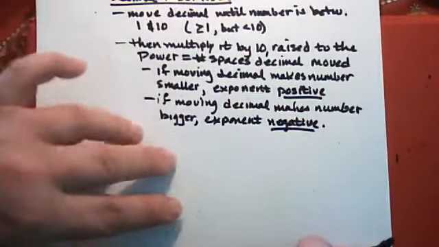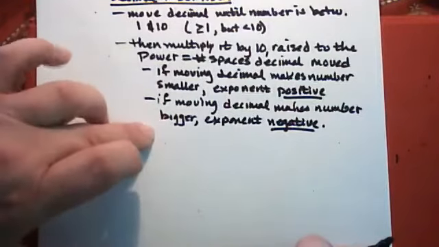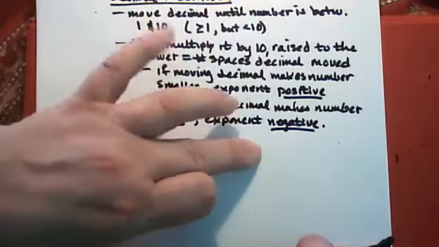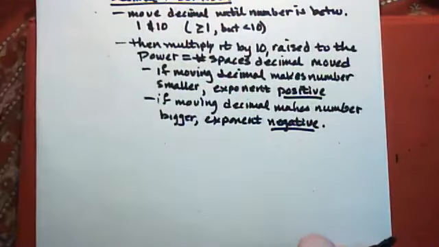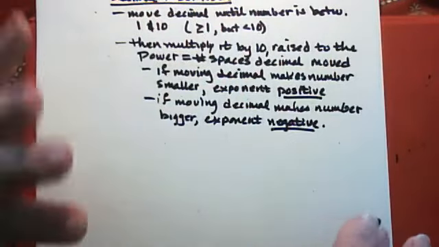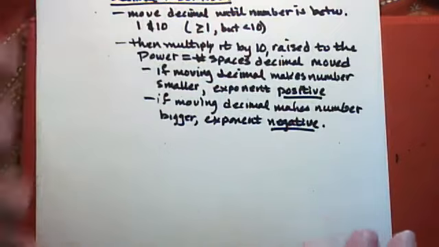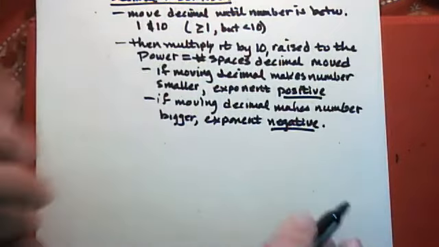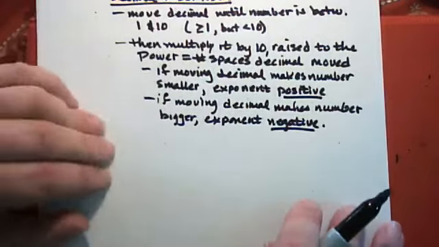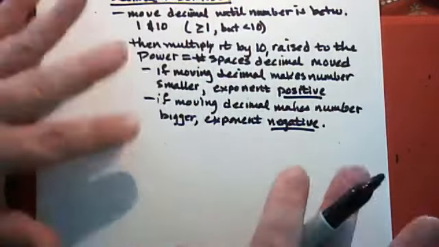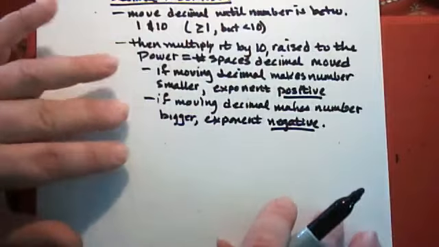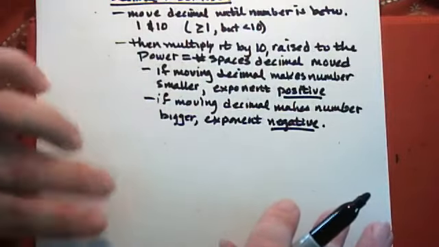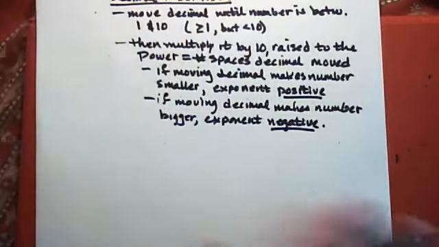And if moving the decimal point makes the first part of the number bigger, then the exponent has to become smaller to compensate. So remember, you're not trying to change the magnitude of the number. You're trying to keep the magnitude of the number the same. You're just trying to change the way that it's represented. So you've got to keep things equal overall. So if one part of the number gets bigger, the other part has to get smaller to compensate, and vice versa.